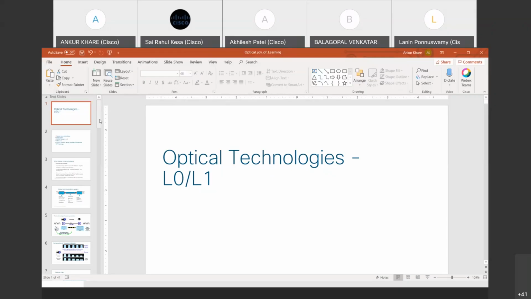In the case of NCS 1004, we have only one type of client support: 100 gig is the minimum, so you have to insert a 100 gig pluggable only. Once it is inserted, the port will come up; otherwise it will be down, and the user will know the controller is down. So you should use the right bandwidth-size pluggable and configuration.